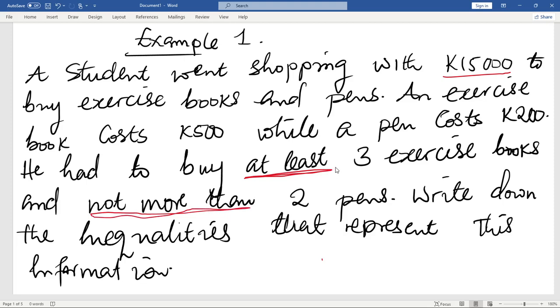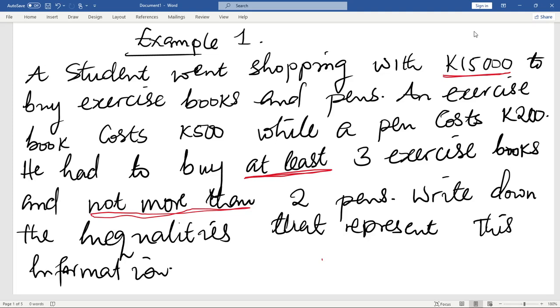Then, after doing this, we're going to assign variables to represent exercise books and pens. We know that this is the total amount that we have. So whatever happens during the shopping is not going to exceed this amount, because that's the amount that's already there.